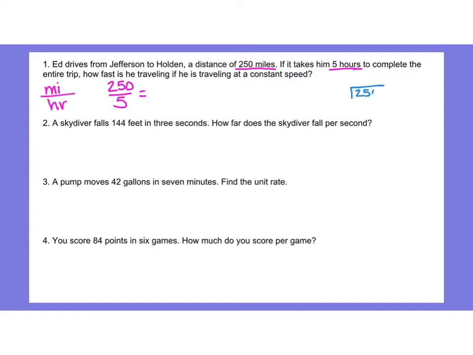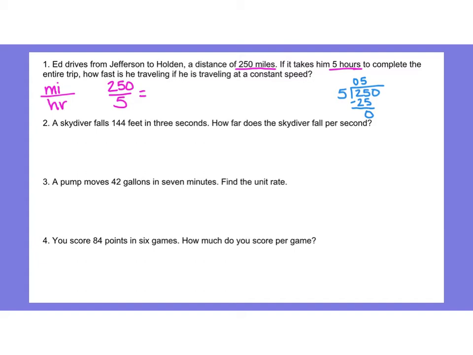We have 250 inside the house and 5 our denominator outside the house. 5 cannot go into 2, but it can go into 25 5 times. 5 times 5 is 25, and when we subtract, we get 0.